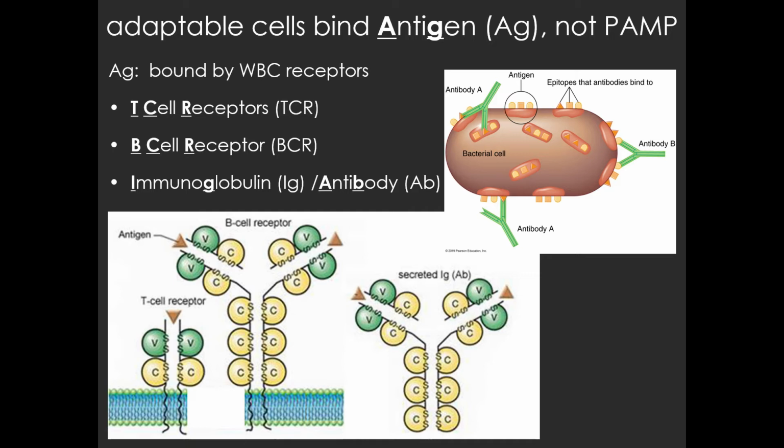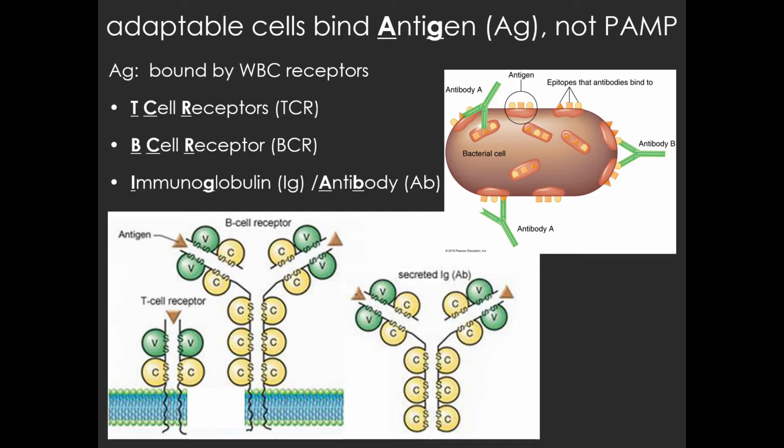So in the case of this secreted immunoglobulin or antibody, you have the triangle-shaped antigen being bound because it's that B cell just to the left of it, which has first bound antigen and then secreted that antibody. So that antibody would be secreted by the B cell, which has that same B cell receptor.